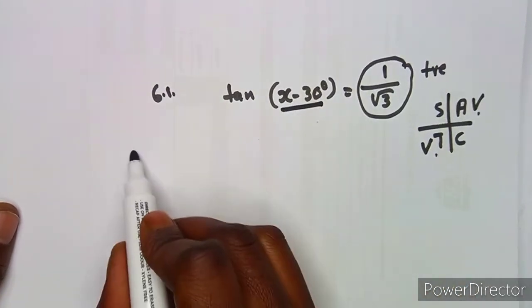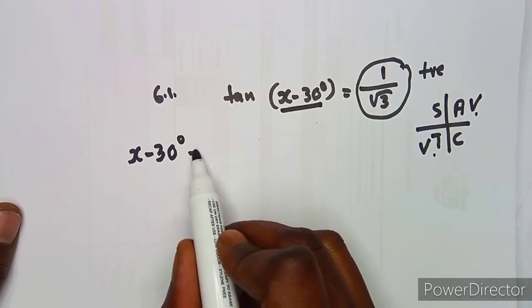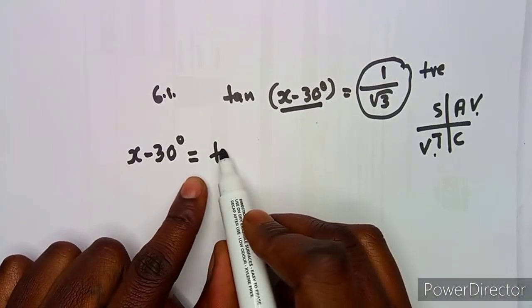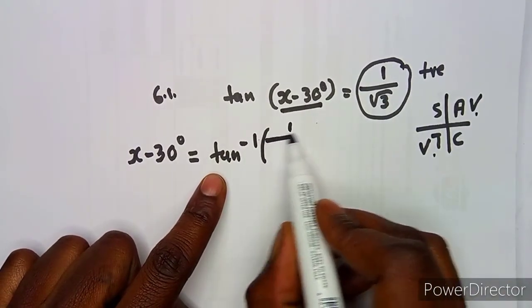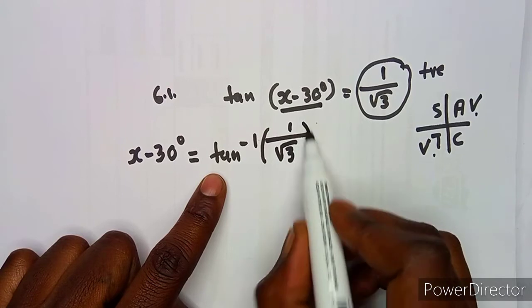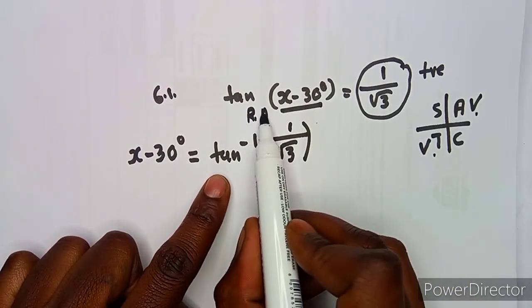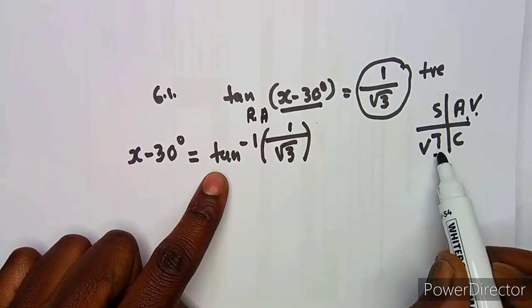So we are going to have x minus 30 degrees equal to arctan, since we want to find the angle. So it's going to be arctan of this part, which is 1 over square root of 3. This is going to give us the reference angle, the one that we are going to use to locate the quadrants.